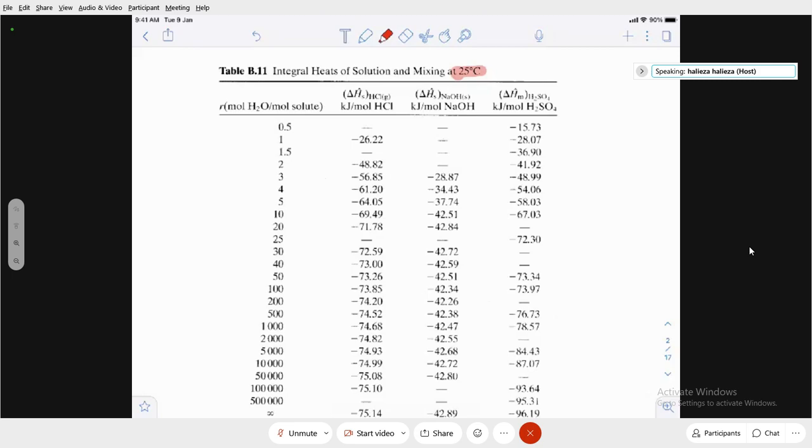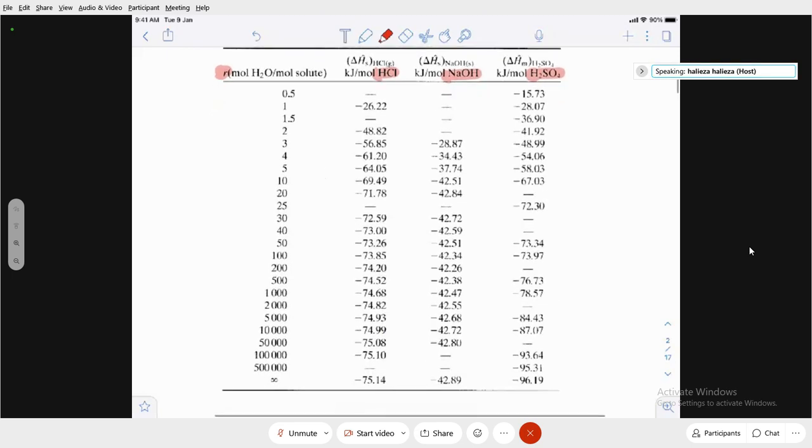This is your R. This is recalling what we covered last week. You have hydrochloride, sodium hydroxide and sulfuric acid. The unit is kilojoules per mole of your solute. Remember that. From looking at the value of R, you should be able to get your heat of mixing or heat of solution from this table.